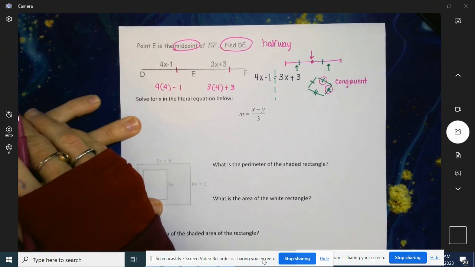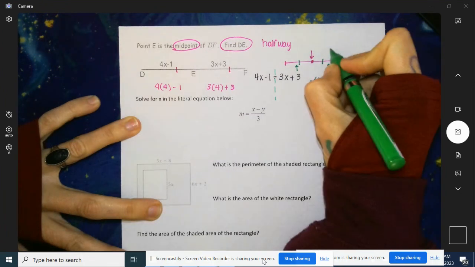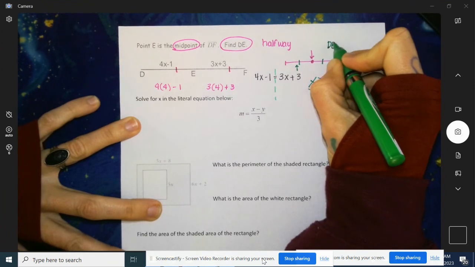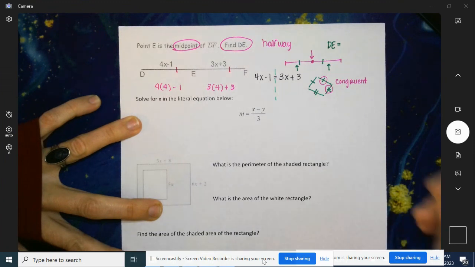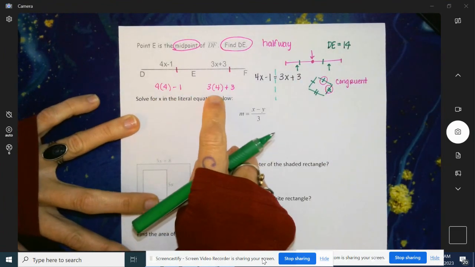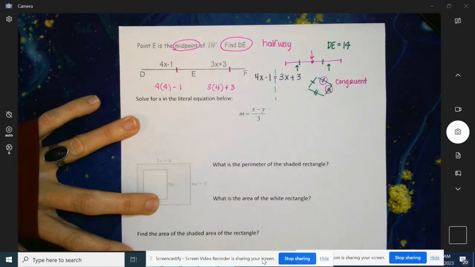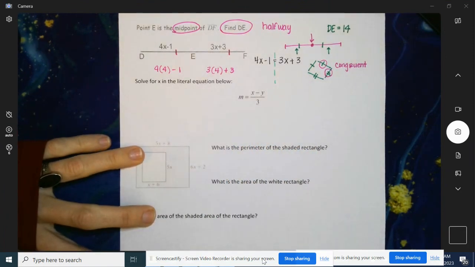What's our answer? Good. It's going to give us 14. Perfect. Because it's 16 minus 1, 12 plus 3. Good job.